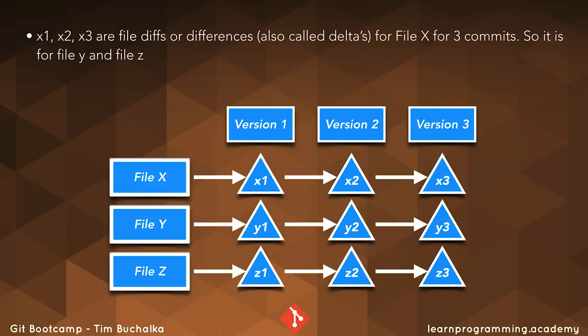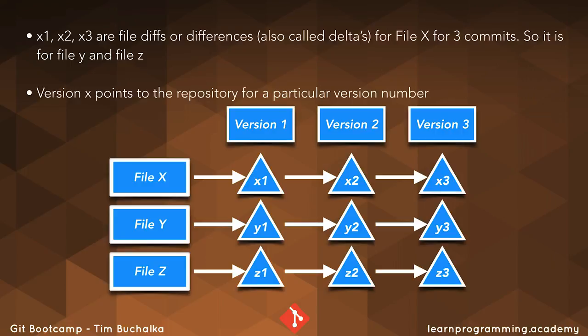So in this scenario here on screen, you can see that X1, X2 and X3 are file diffs, or known as differences, and they also can be called deltas. So they're basically a different version of file X for 3 commits. And the same there for file Y and file Z. So the point is that it's stored in that particular fashion on a centralized version control system. So version X here points to the repository for a particular version number.